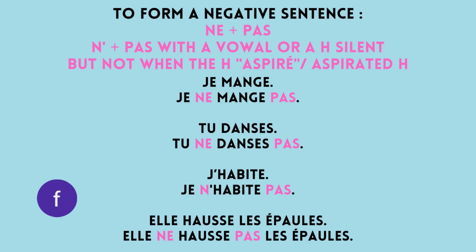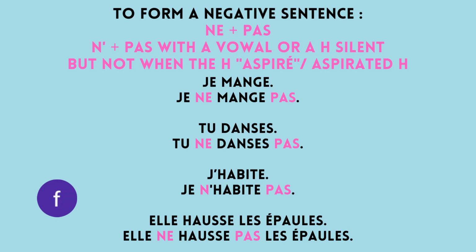But there is a list that I will give you where you will see words that are considered aspirated H. In those cases, the negation is different from a silent H.